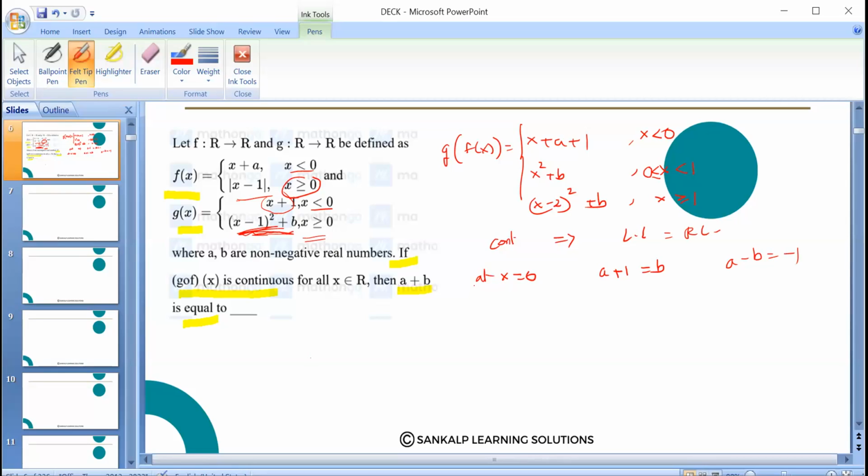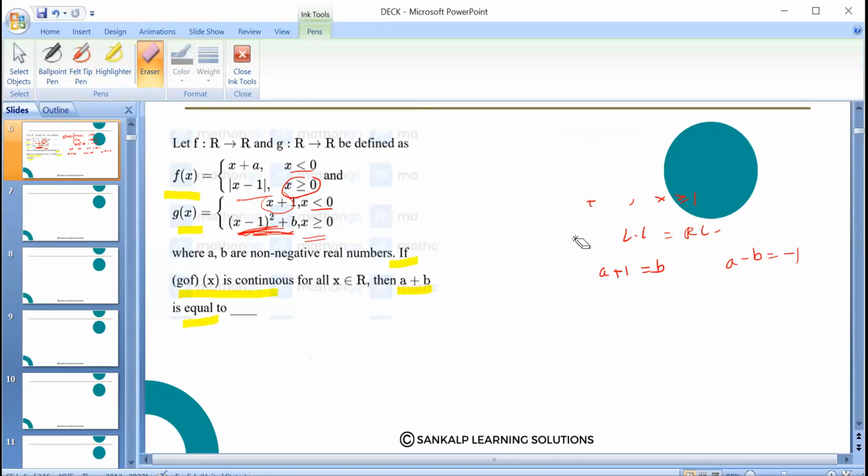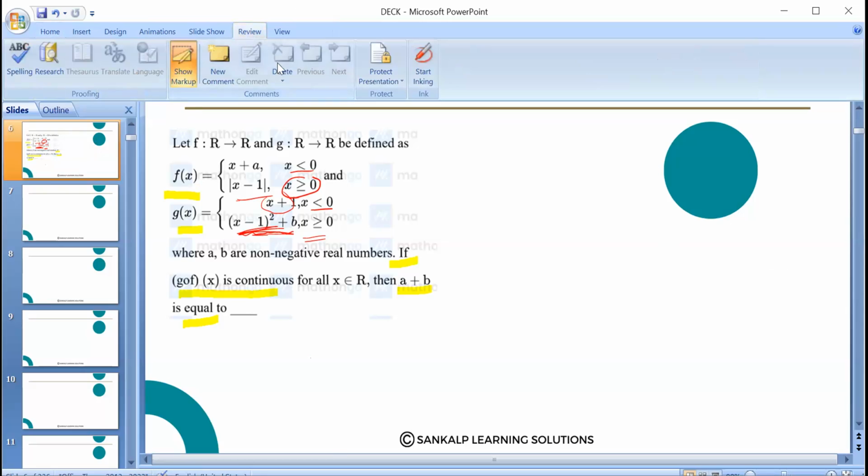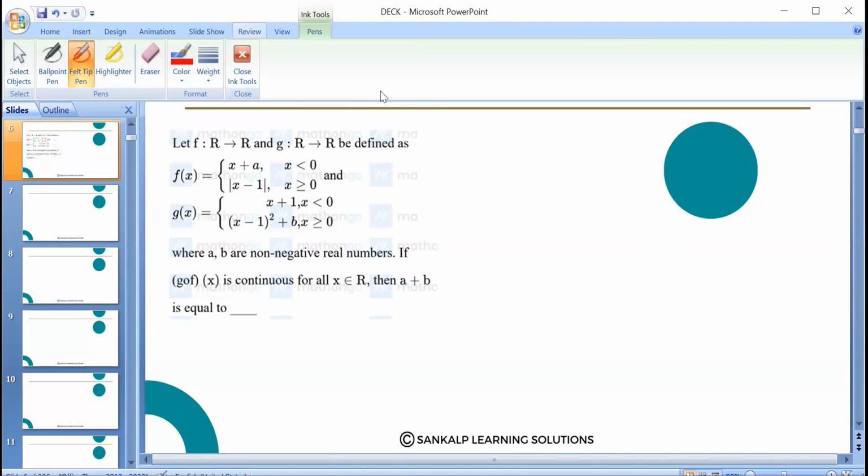In both the cases, we are getting the same. So this method is not applicable directly. Then how to find the piecewise function? Everything depends upon the piecewise function. So making the piecewise function is important.